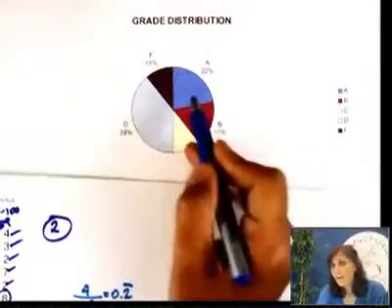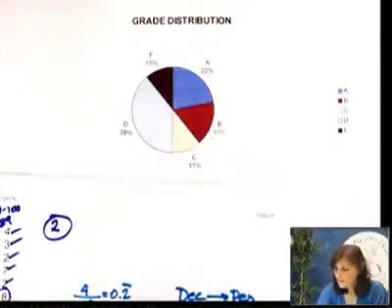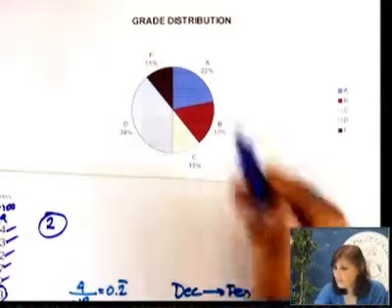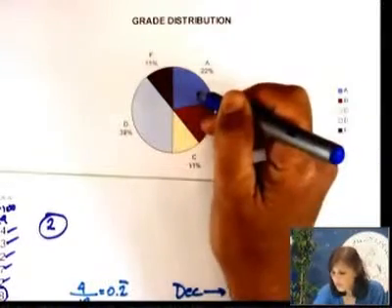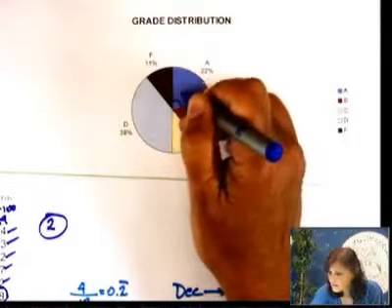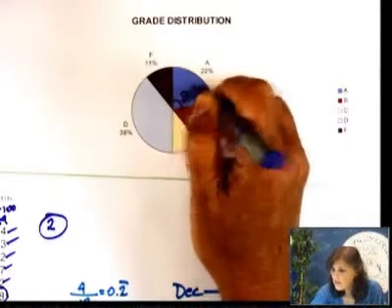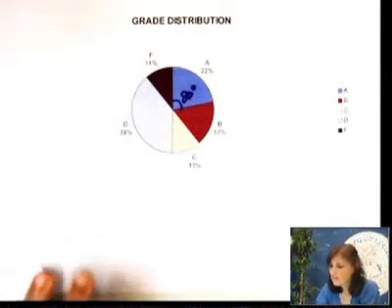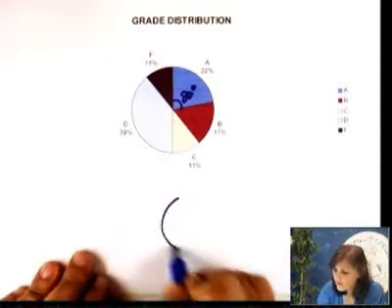But if I want to draw this from scratch, remember how much the D was? Let me use something easier. For A's, it was 80 degrees. So for me to use a protractor to draw an 80 degree slice, this is what you do.